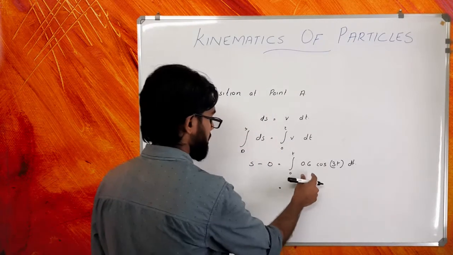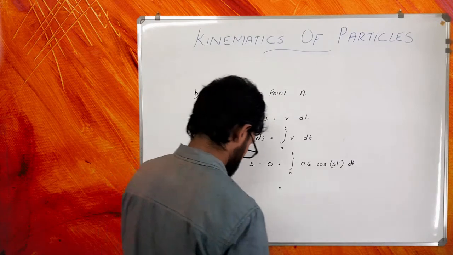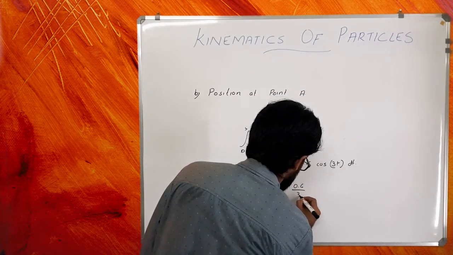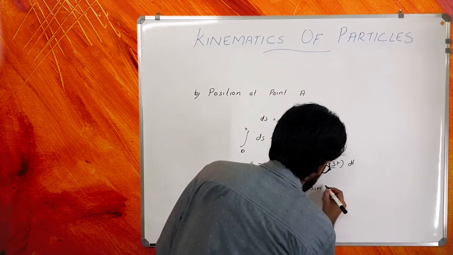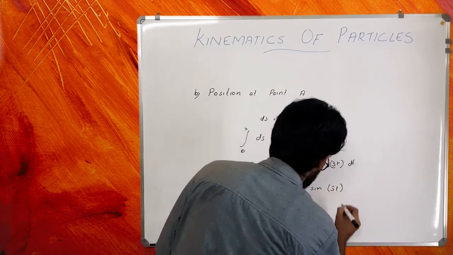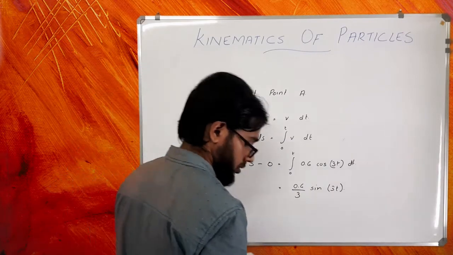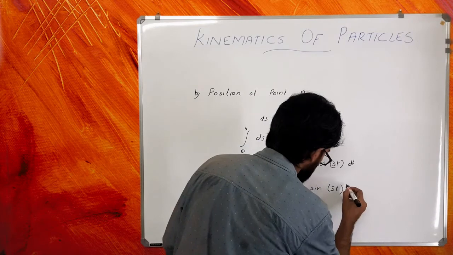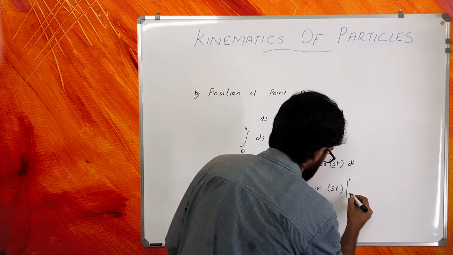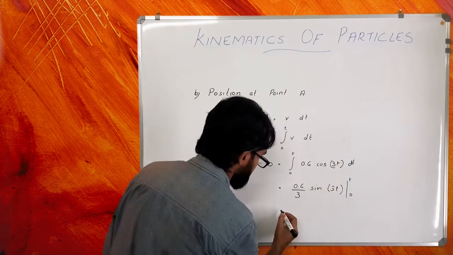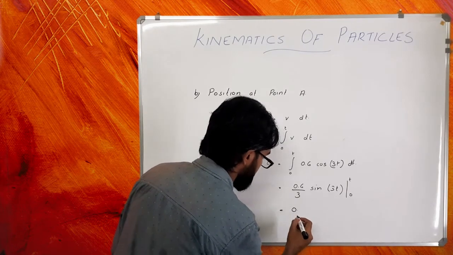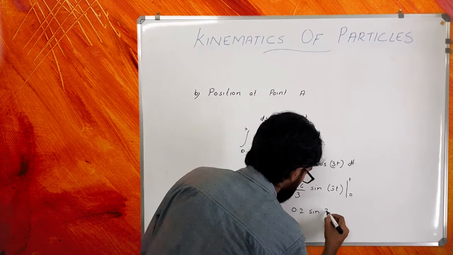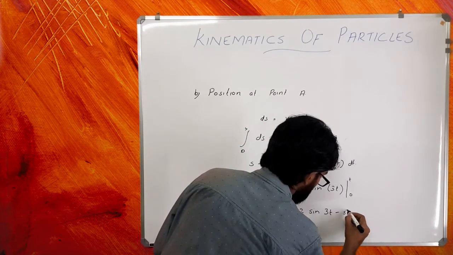Now if I take the integral of this value, I will get 0.6 by 3 sin 3t, from 0 to t. This will give you 0.2 times sin 3t minus sin 0.